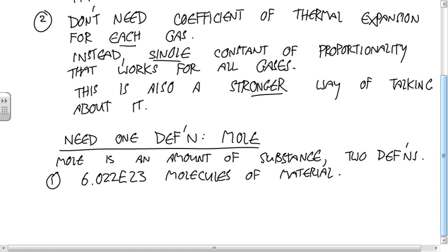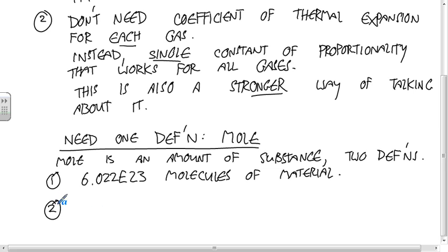The second definition will be most useful when we're going between microscopic calculations of individual molecules and macroscopic calculations where we're trying to figure out a total energy in a gas or something. And if you're talking about totally macroscopic measurements, this is a more useful definition.